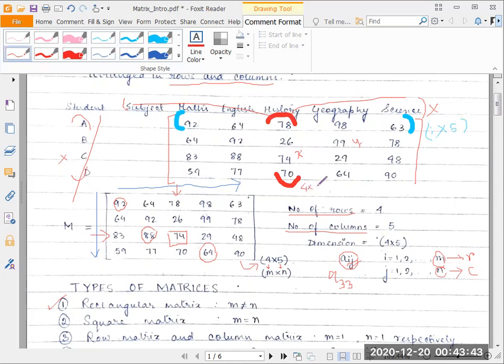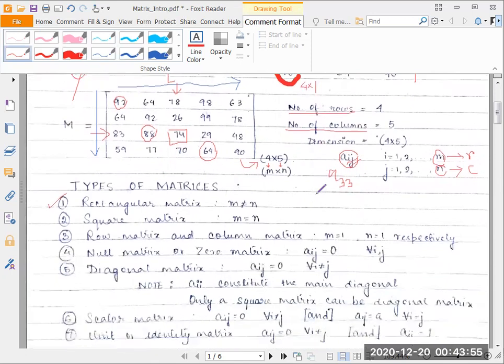So now we know what is a row matrix and a column matrix. Essentially, a row matrix has only 1 row, hence the name, and a column matrix has only 1 column, hence the name. Do note that row matrices and column matrices are also called vectors. So if you're talking about row matrices, you might also be talking about row vectors.